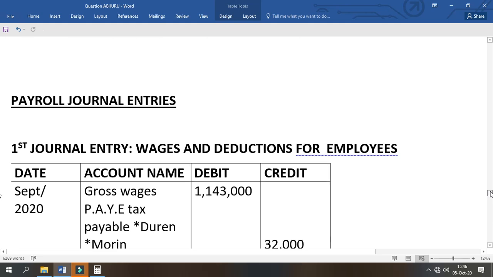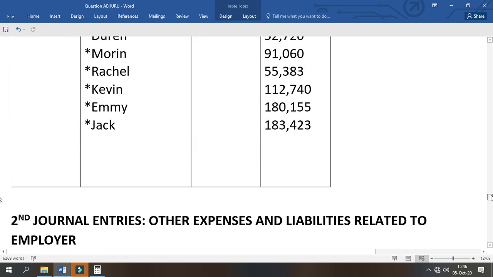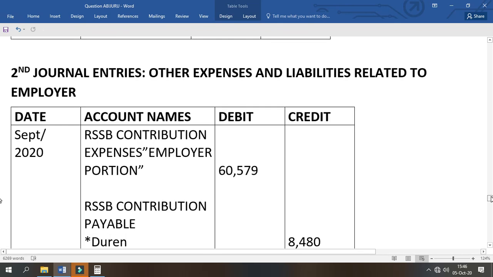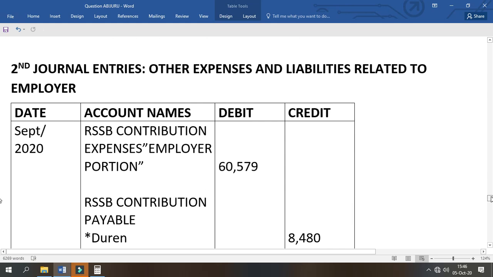The second is the journal entry for other expenses and liabilities related to employers. The other expenses not taken into account in the gross wage are the employer portion. Rwanda Social Security contribution is an other expense.